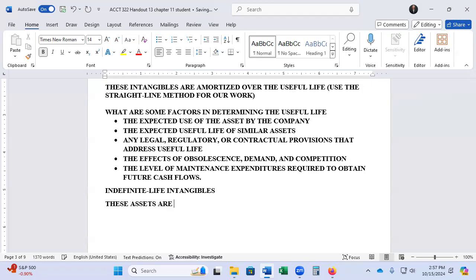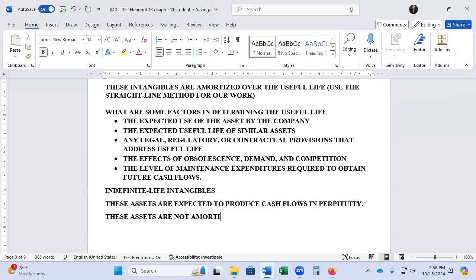These assets are expected to produce cash flows in perpetuity. These assets are not amortized.